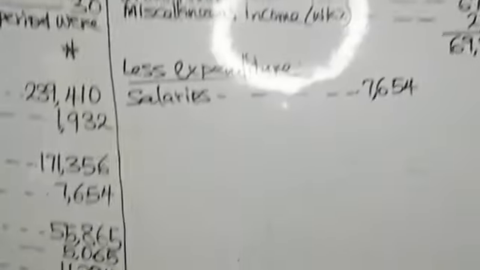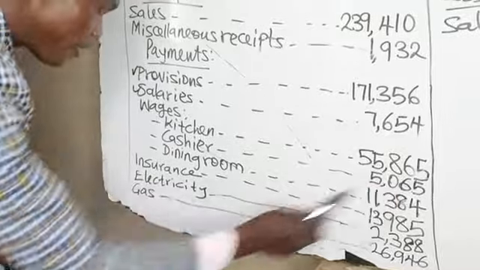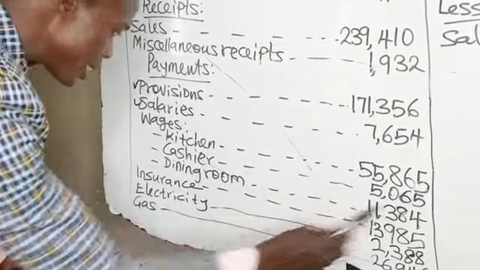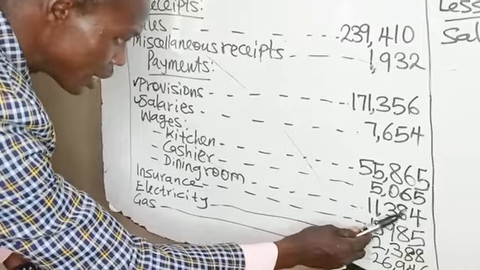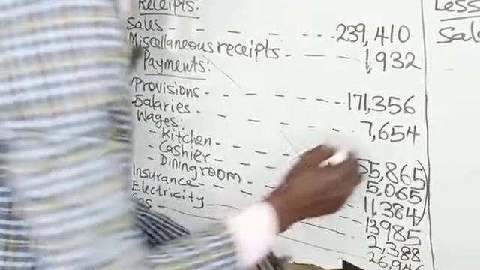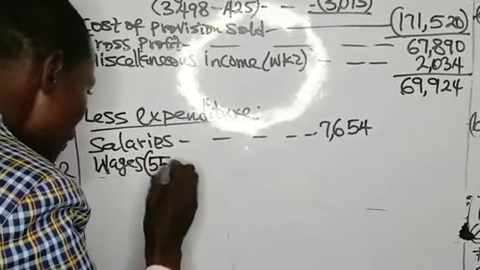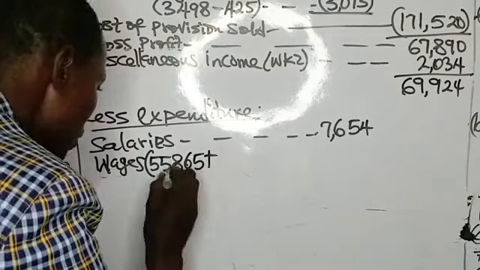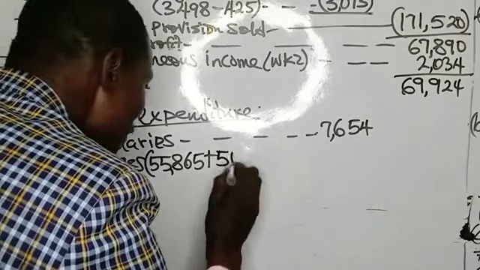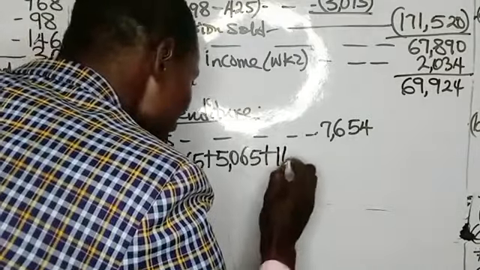Then after salaries, we have wages, which comprises kitchen, 55,865, cashier, 5,065, dining room, 11,384. We are going to add the 3 wages together. So we have wages, 55,865 plus 5,065 plus 11,384.